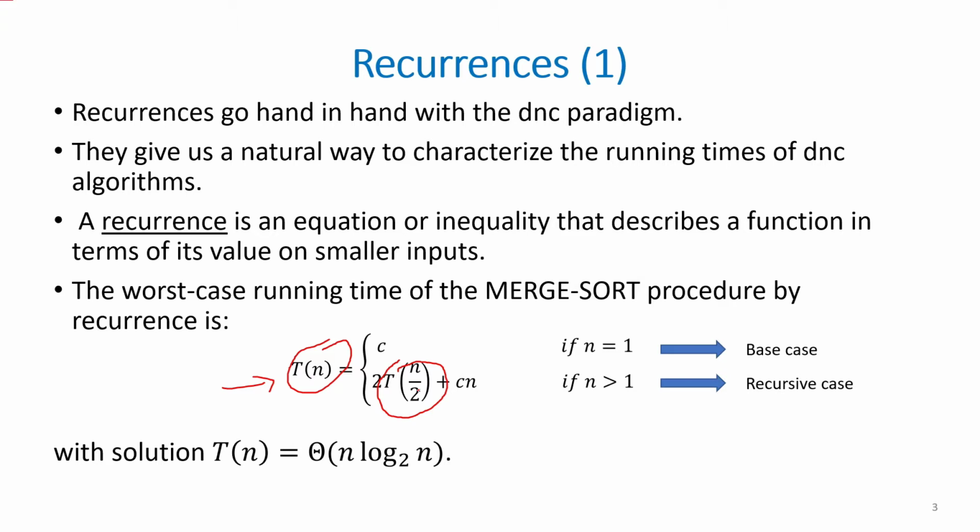Therefore, the base case is when the merge sort reaches a subarray of size 1. And the recursive case is when the subarray has not reached the base case yet and can still be broken down into 2 halves as shown over here. The solution to this recursive equation was shown to be theta(n log n) using the recurrence tree approach.